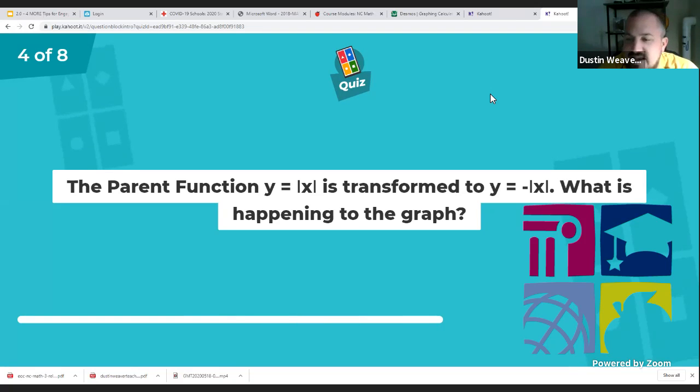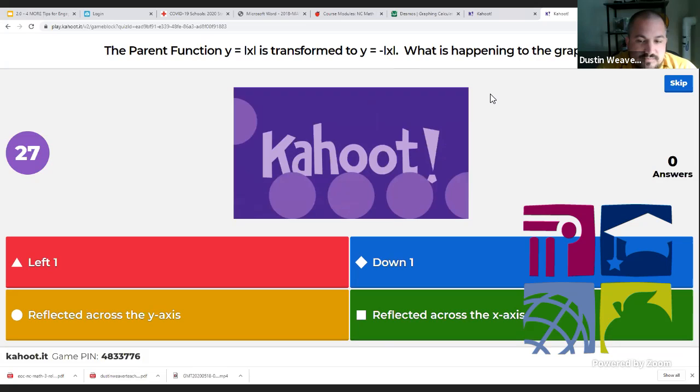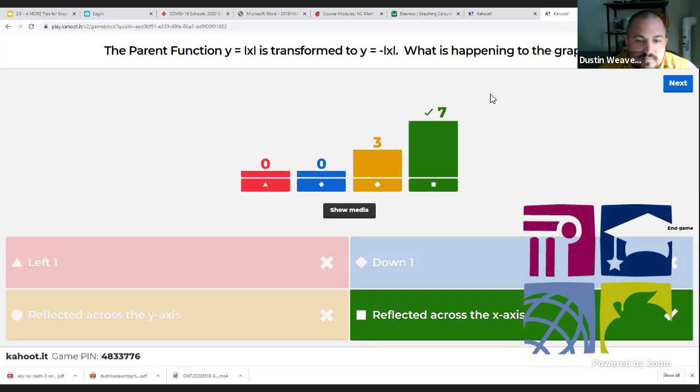Number 4, what happens when we put a negative in front here of the absolute value? Yes, it is reflected across the x-axis.